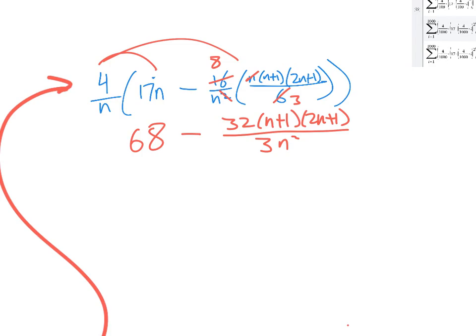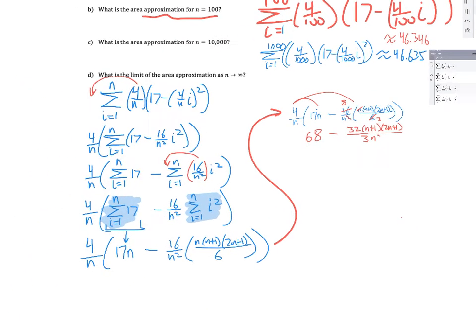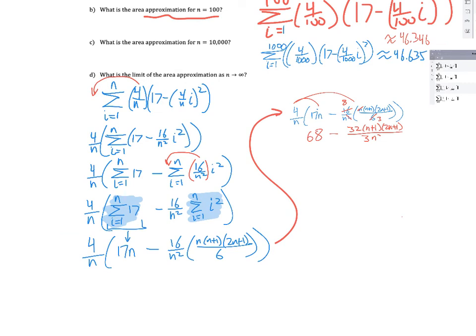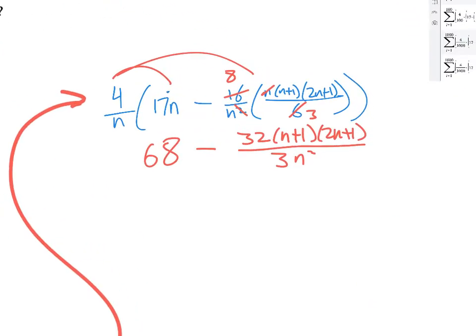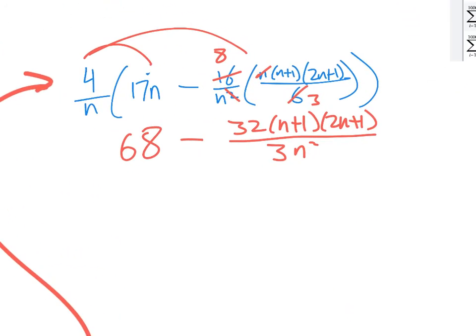Well, I think we're ready to find a limit. So that is an expression for the area. All right? So we've got an expression for the area in terms of n, the number of rectangles. Notice there's no more summation, so that's our first goal. And so now we want to take the limit of that.